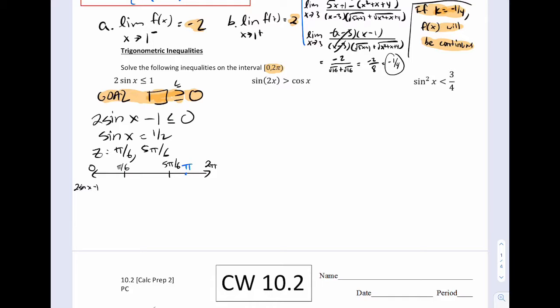Plug in pi to that piece, you get 0 minus 1, that would be negative. If you're trying to plug in something here, an easy number would be pi over 2. Sine of pi over 2 is 1, so 2 times 1 is 2 minus 1, that's positive, so let's write positive there.